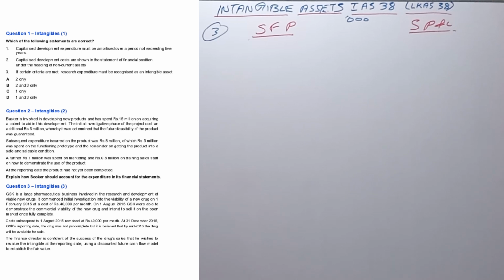GSK is a large pharmaceutical business involved in the research and development of viable new drugs. It commenced initial investigation into the viability of a new drug on 1st February 2015 at a cost of 40,000 per month.